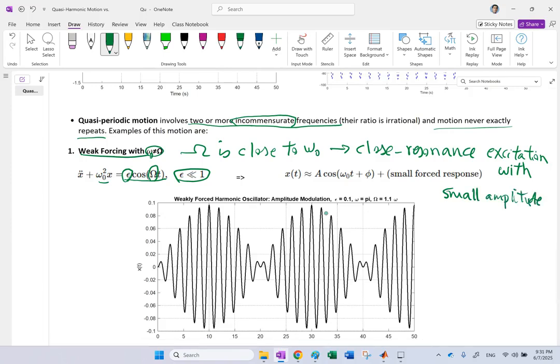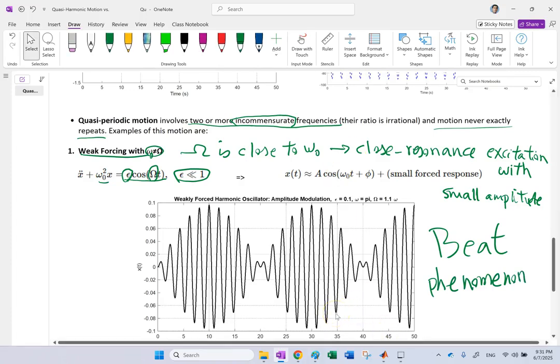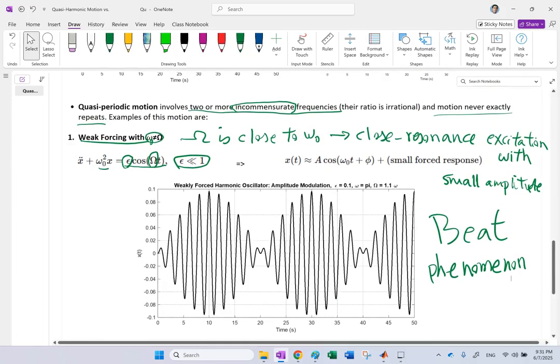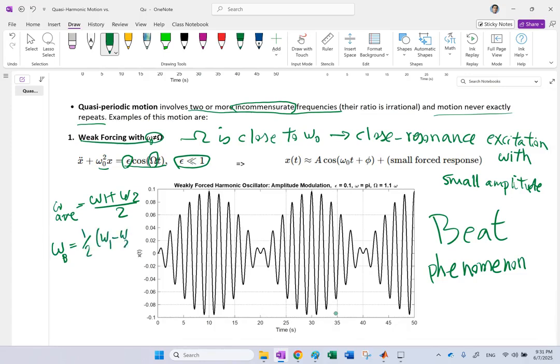And if you watched my videos under the playlist vibration, one example that I provided was called the beat phenomena. That is exactly this one here. If you watch that video, you can see that in the system there are two frequencies in the response. One of them is called omega average, which is omega 1 plus omega 2 over 2. And the other one is called omega of the beat, which is basically 1/2 of omega 1 minus omega 2.